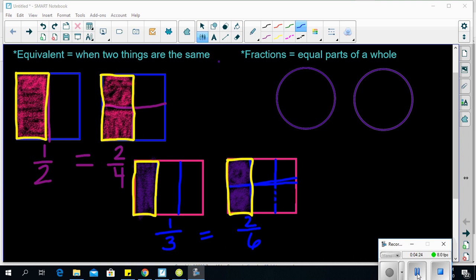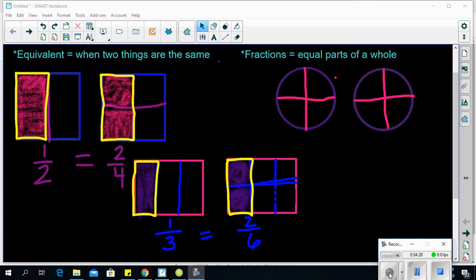Now I'm going to show you something slightly different on the circle. As of right now, both circles are broken up into fourths. Now I'm going to shade in 3/4 on one circle. I have shaded in 3/4 of this one circle, and now I'm going to break this other circle up into smaller pieces.